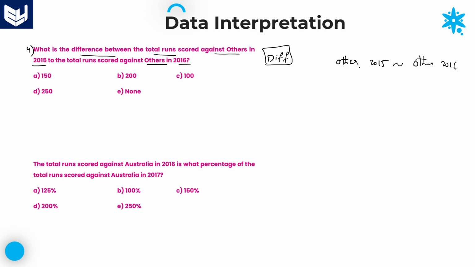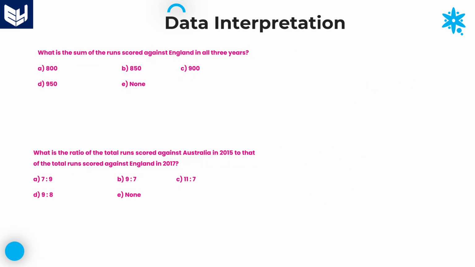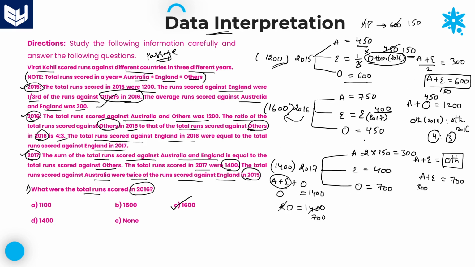between those two, highest value minus lowest value. Always remember, when you are calculating the difference between any two values, you need to subtract the lowest value from the highest value. Here others 2015 is 600, 2016 is 450.